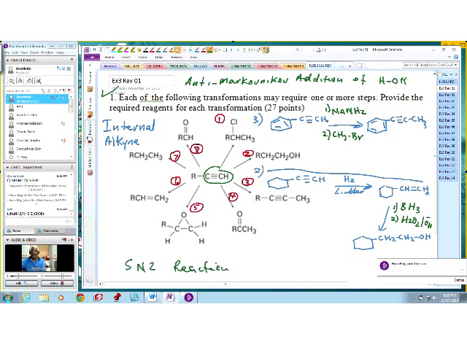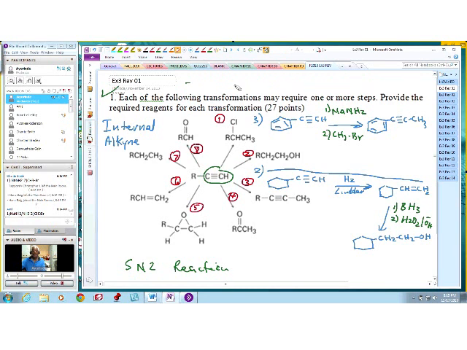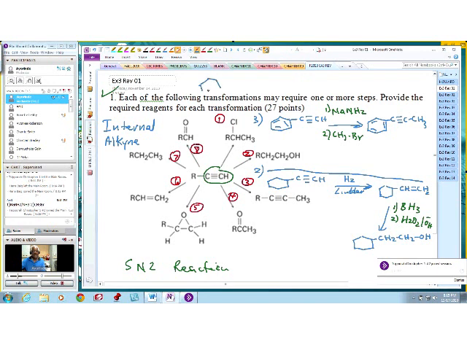Because what the sodium amide does is to remove this hydrogen here, and then you are going to form an acetylide anion. The sodium amide or the potassium amide comes in, removes the terminal hydrogen from the terminal alkyne, and you form this acetylide here.